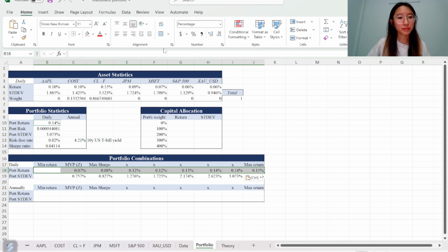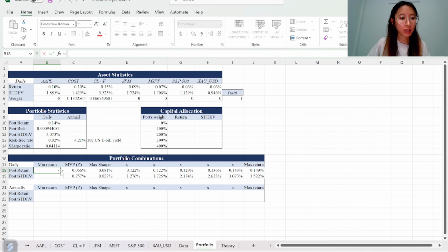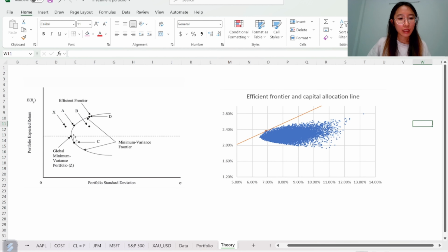So actually, I intentionally left one here, the mean returns. The minimum returns of the portfolio will be in the lower half of our minimum variance frontier.